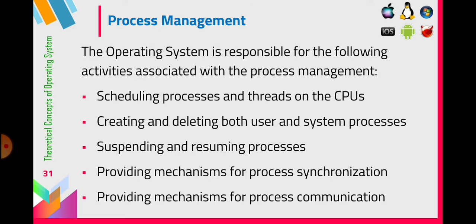Creating and deleting both user and system processes. After the process is over, it can be deleted from the central processing unit. Suspending and resuming processes. If a process gets some request and waits for some input, then that process is suspended and it moves on to the next process.